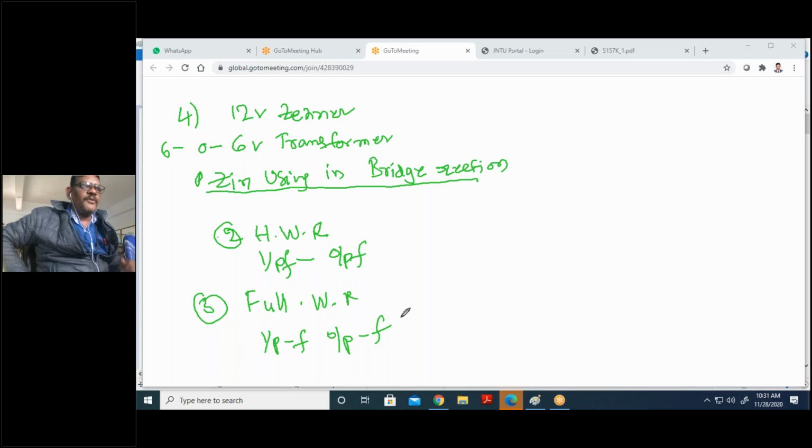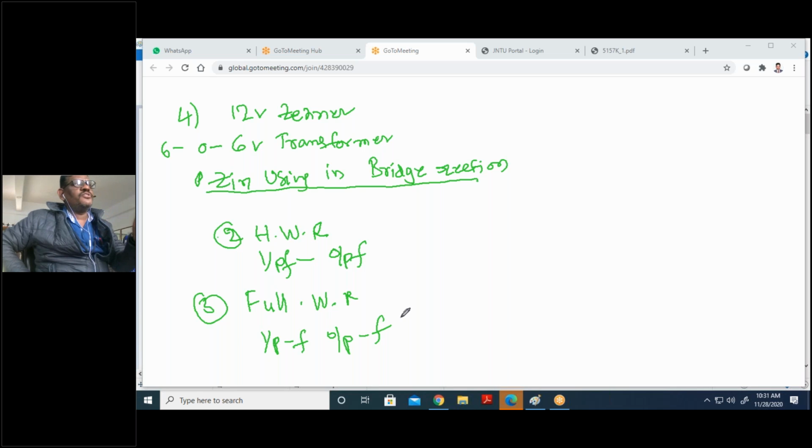What am I given second? 6-0-6. Here the secondary voltage is only 6 volts. So here the Zener acts as a normal PN junction. Understood? I thought the input voltage would be 12 volts, but I have been given 6-0-6, nothing but a center tapped transformer.